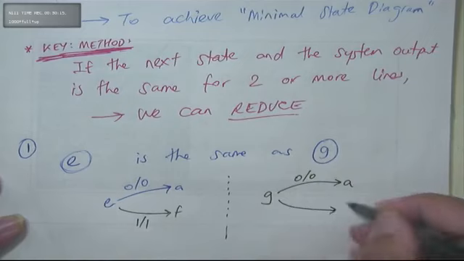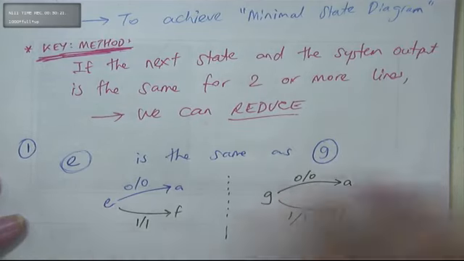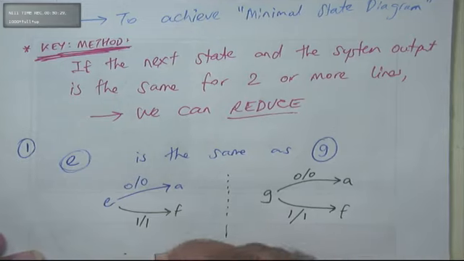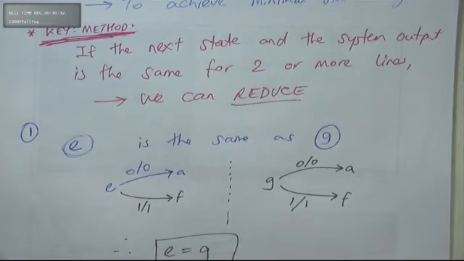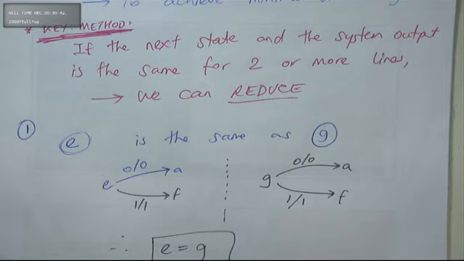And G goes to F if input is 1 and the output will also be 1. So can you see they are identical? They're doing the same thing. The output is the same. Therefore, we can confidently say that E is equal to G. So therefore, we eliminate G.